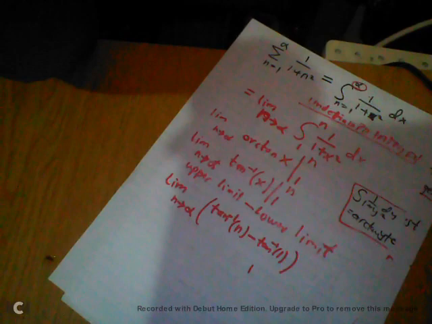Let me write here so that it doesn't confuse. Tan of an angle equals 1 over 0.